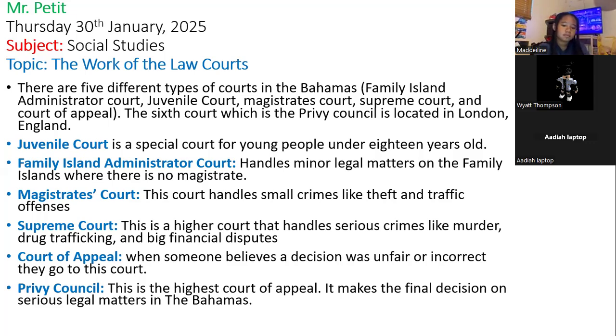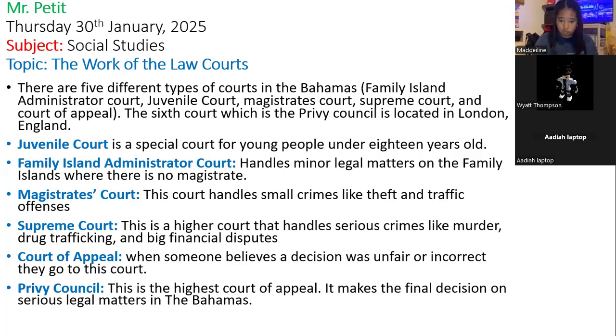Very good. Gianna, read the last three. Start from Supreme Court. Supreme Court. This is a higher court that handles serious crimes like murder, drug trafficking, and big financial disputes. Court of Appeal.